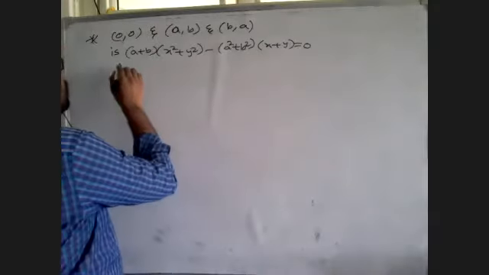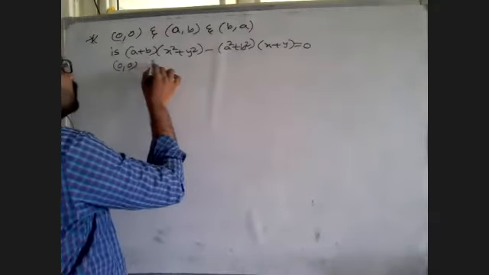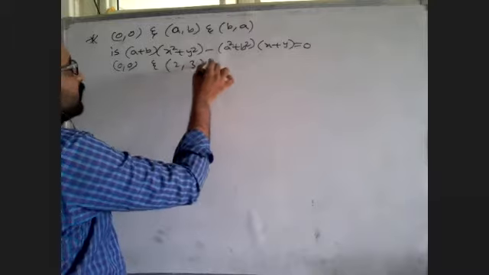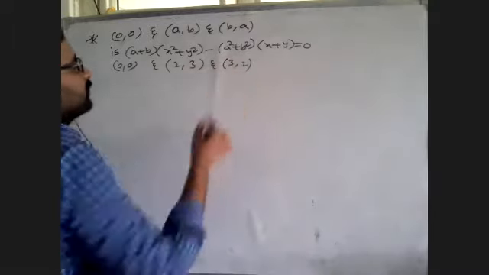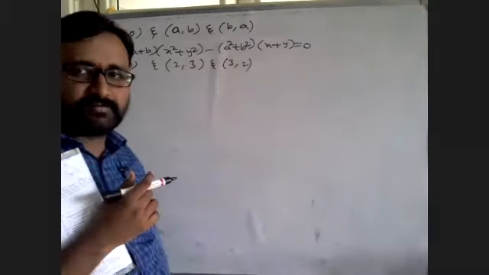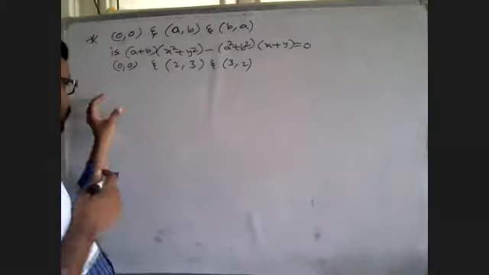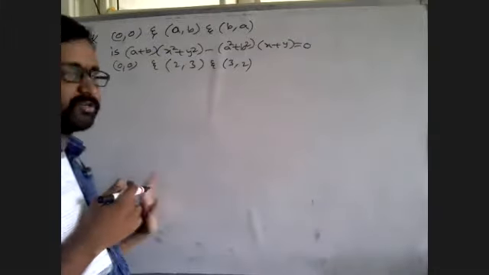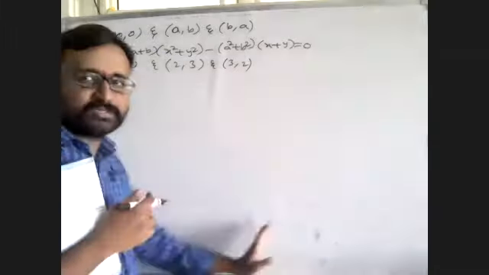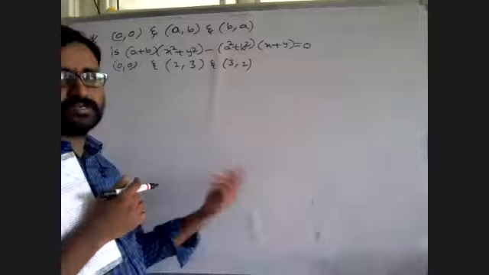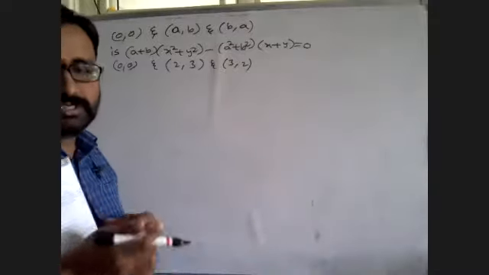For example, (0, 0) is one point, (2, 3) is one point, and (3, 2) is one point. Find the circle equation. The general process is a circle passing through (0, 0), then through one more point, and another point, solving those equations to get the g, f, c values, and substituting to get the answer.